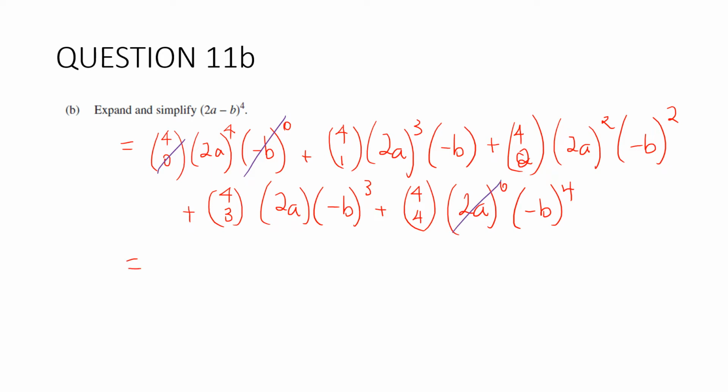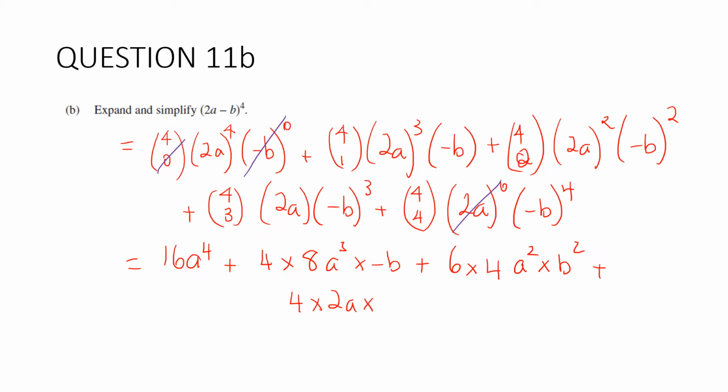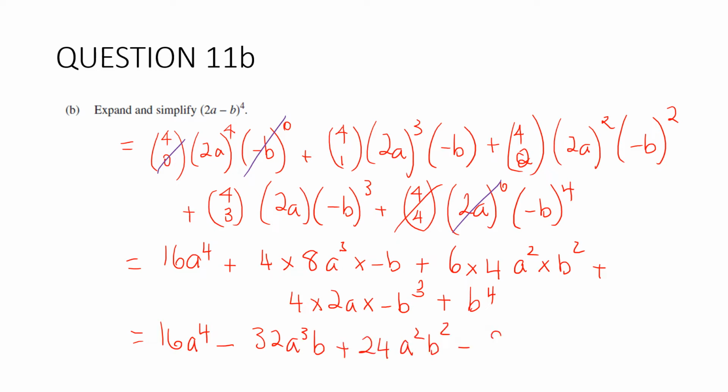Equals, we have 2 to the power of 4 is 16a to the 4, plus 4 times 8a cubed times negative b, plus 6 times 4a squared times b squared, plus 4 times 2a times negative b cubed, plus 1 times b to the power of 4, equals 16a to the power of 4 minus 4 8s are 32, a cubed b, plus 24a squared b squared minus 8ab cubed plus b to the power of 4.